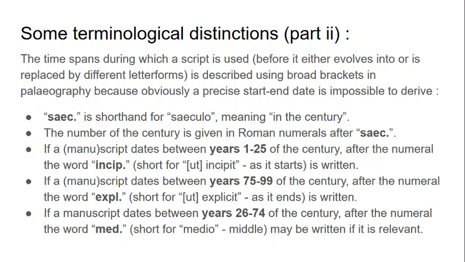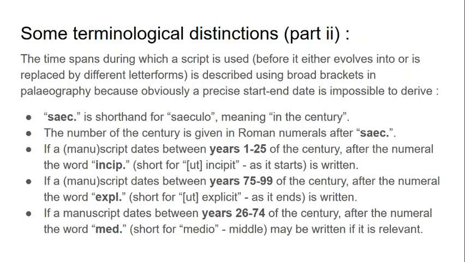However, we normally use broad ranges of time to give a rough idea of when a script starts coming into use and when it fades out of use. To refer to these, we say sec. with the dot, shorthand for seculo, meaning in the century.